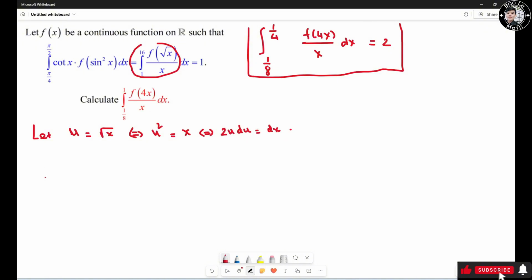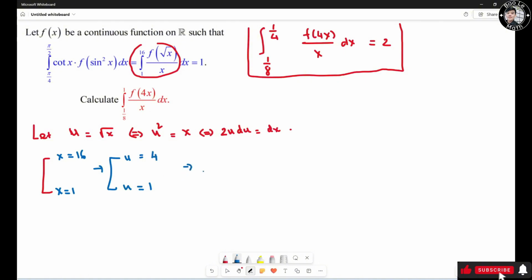Now I need to change the limits. When s equals 1, square root of 1 equals 1, so u equals 1. When s equals 16, it's going to be 4.